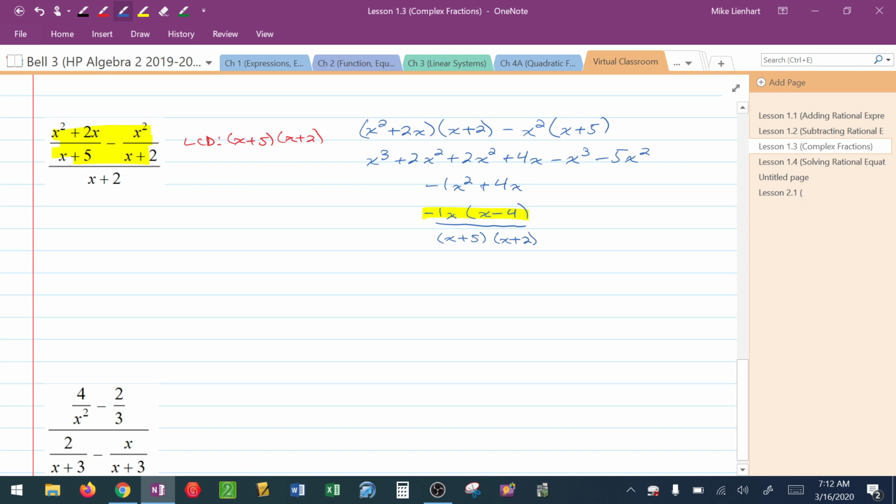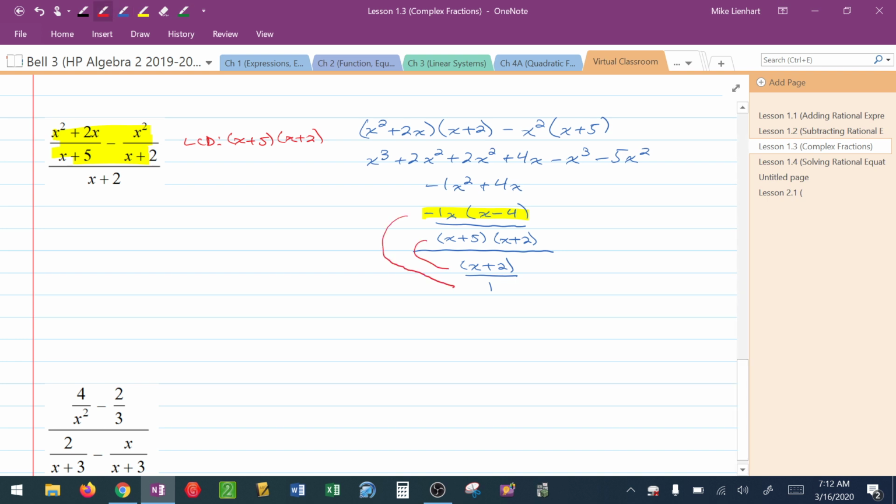All right, now I have to divide that, go back to the original problem, by x plus 2. But as I said, I always want to look at this as a fraction divided by a fraction. So I'm going to make this into a fraction by putting it over 1. All right, I do big C, little c here.